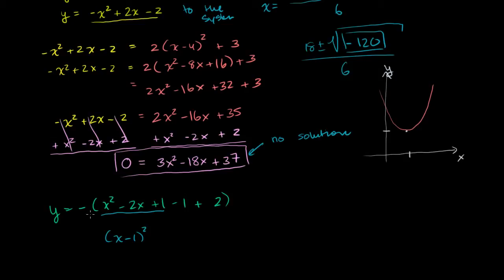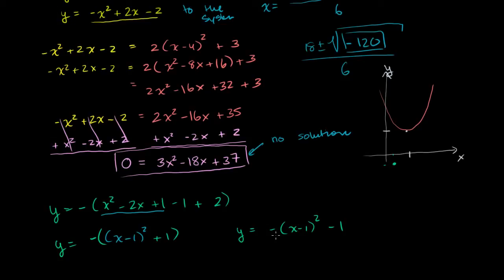So it becomes negative x minus 1 squared. Let me just do it one step at a time. I don't want to skip steps. Negative x minus 1 squared minus 1 plus 2. So that's plus 1 out here. Or if we distribute the negative, we get y is equal to negative x minus 1 squared plus 1. So here the vertex occurs at x is equal to 1, y is equal to 1.